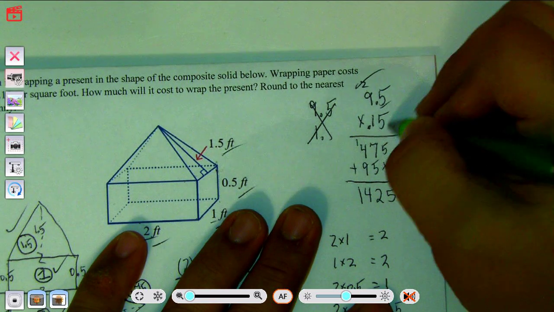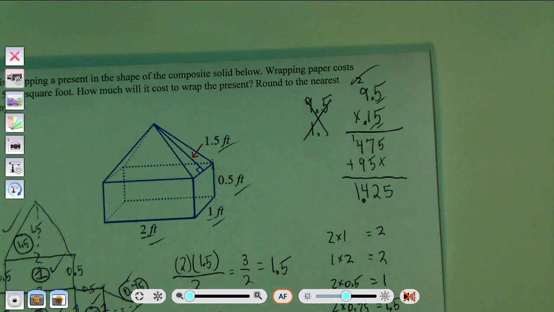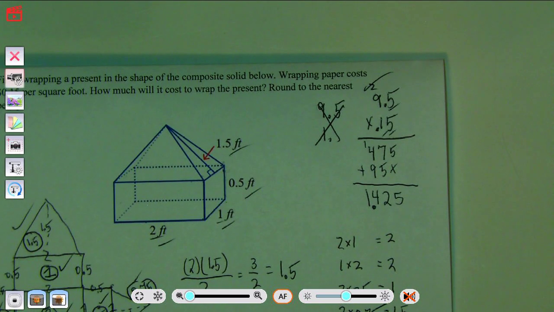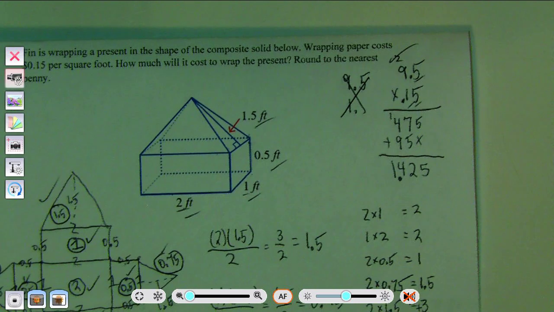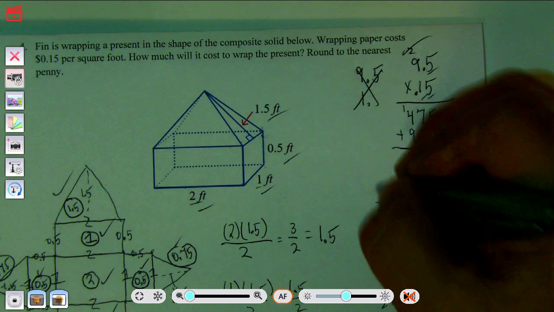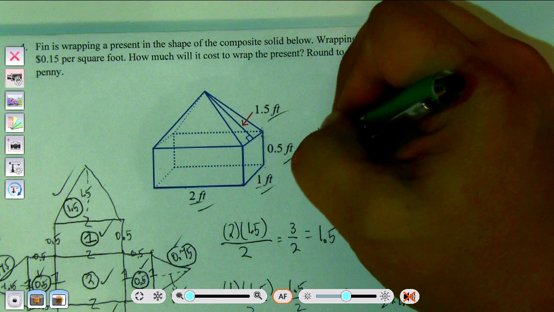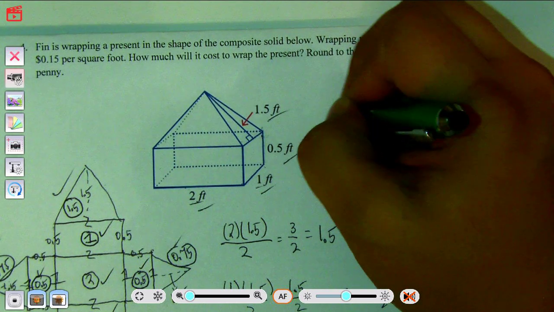And I have 1, 2, 3 digits. So I have 1.425, but it does tell us to round to the nearest penny. So 1.425 rounded to the nearest penny is $1.43.